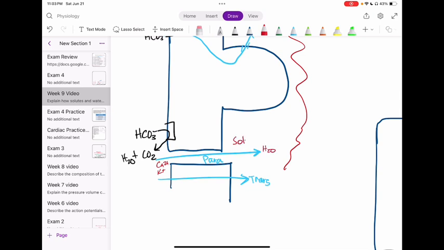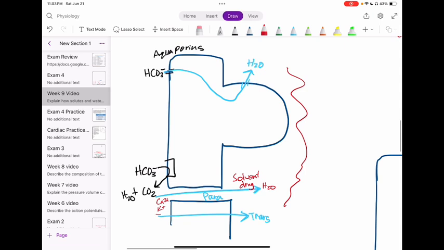We call this solvent drag. It brings these solvents across through this water channel in between the different cells.